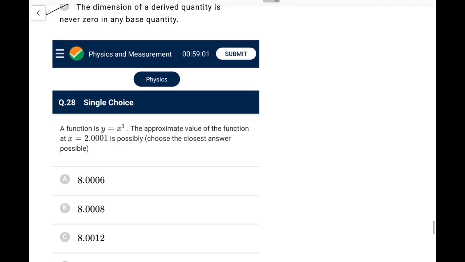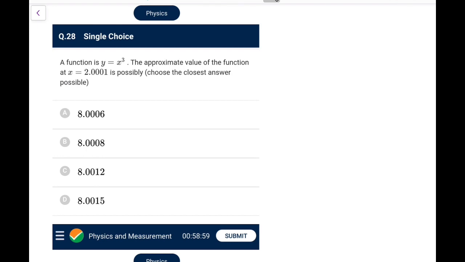Okay. Next one, function y is equal to x cube. The approximate value of the function at x equal to 2.0001, this is a binomial approximation. So y is equal to 2.0001 whole cube. You can write it as 2 plus 0.0001, cube. So we can take 2 as common: 2 into 1 plus 0.00005, whole cube.